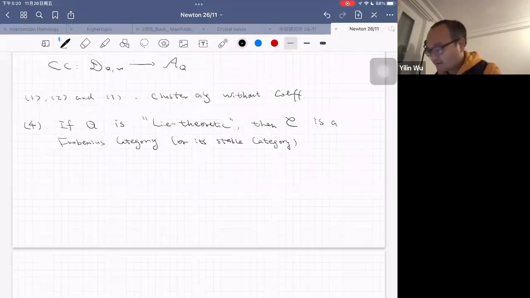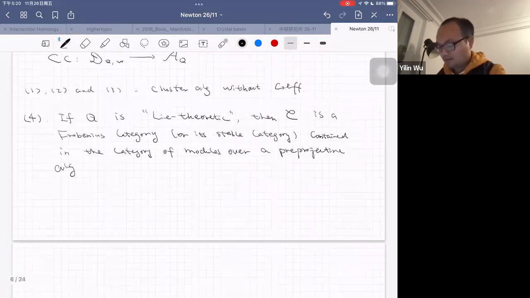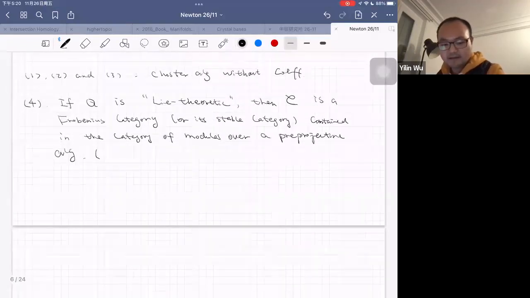And this Frobenius category is contained in the module category of the preprojective algebra. This construction is due to Geiss-Leclerc and Schröer in their several papers.